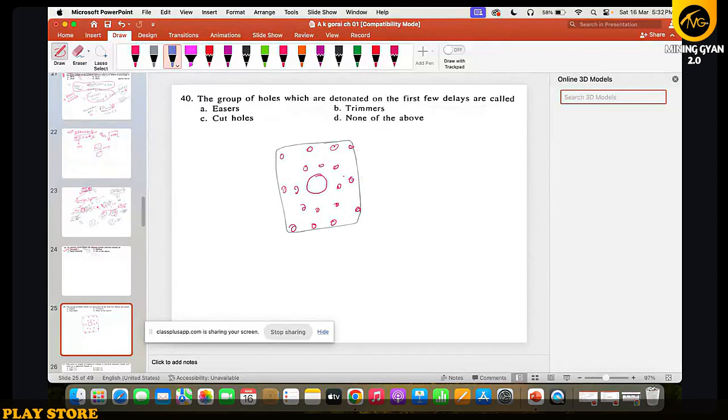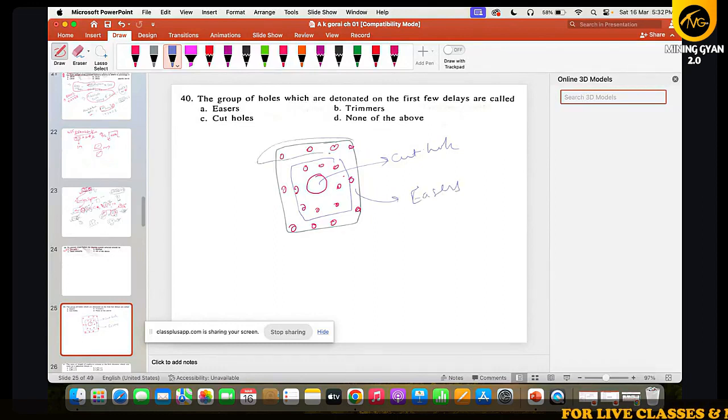I explained which is the cut hole, the cut hole will blast first, then trimmers or dressers, which give shape to our face.